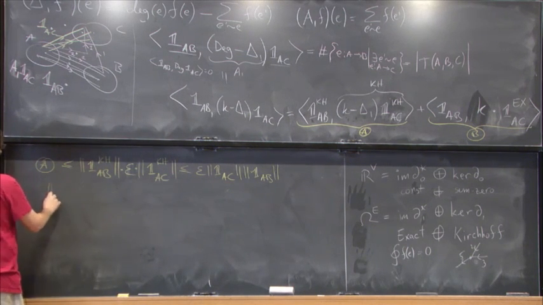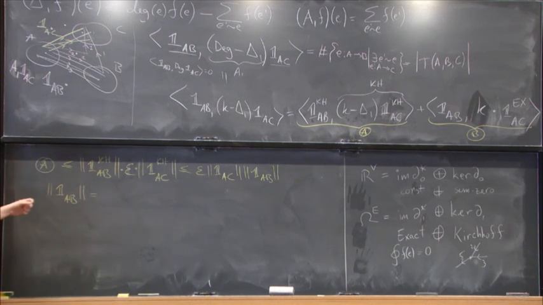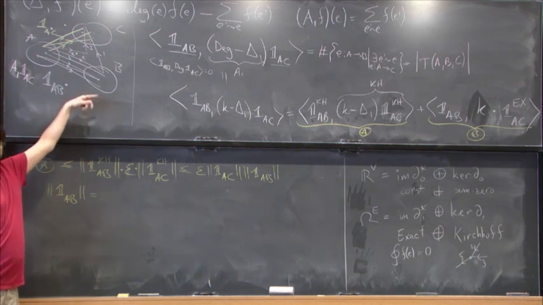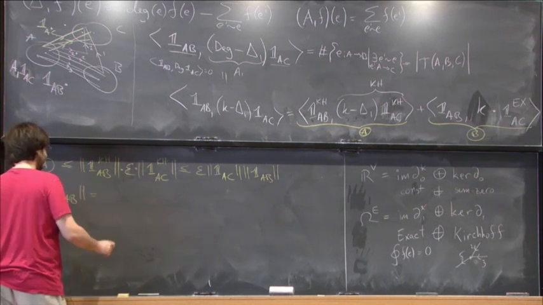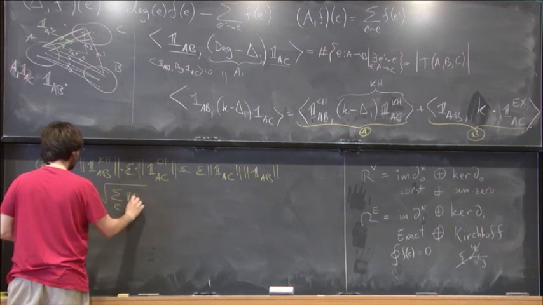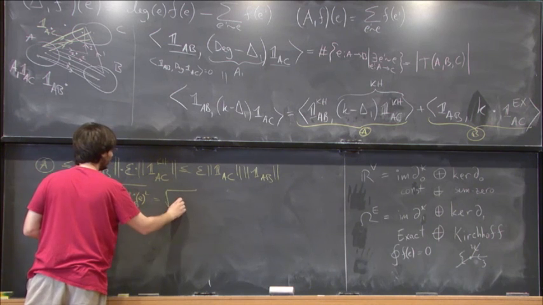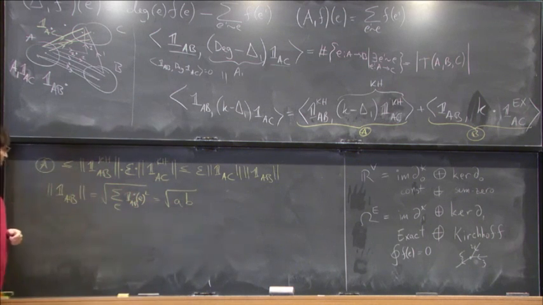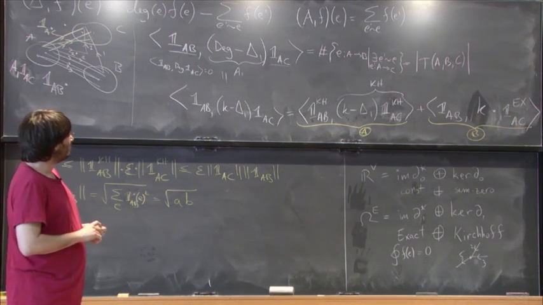And now what is 1 AB? It's 1 over all the edges going from A to B. So this is the square root of the sum over E of 1 AB, so this is the square root of AB. So what is the rule to take the Kirchhoff out of 1 AB if you're estimating it?